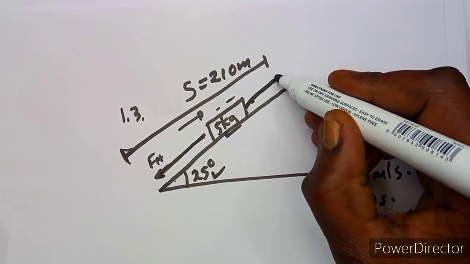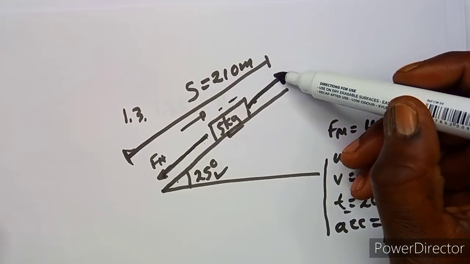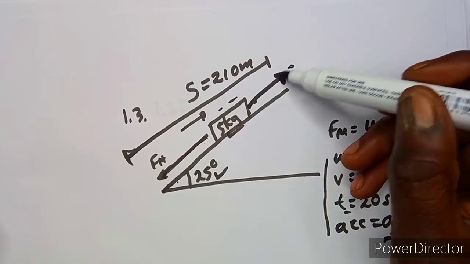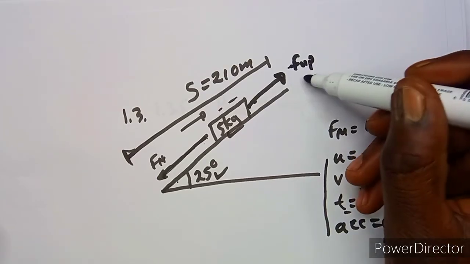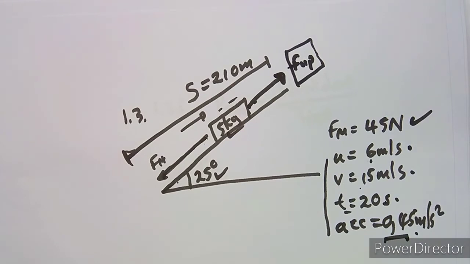All right, so let me explain this so that you can understand me here. This part which is going upwards, we can refer to as our F up, the total that is pushing.